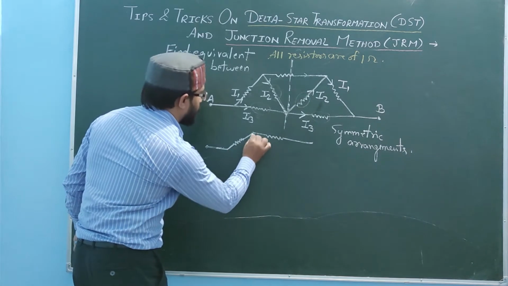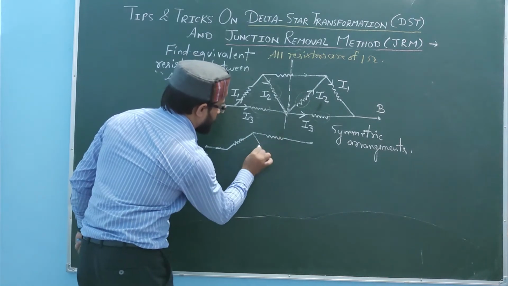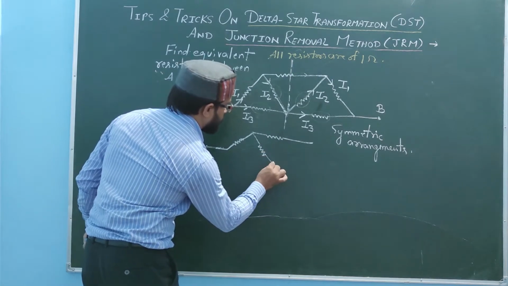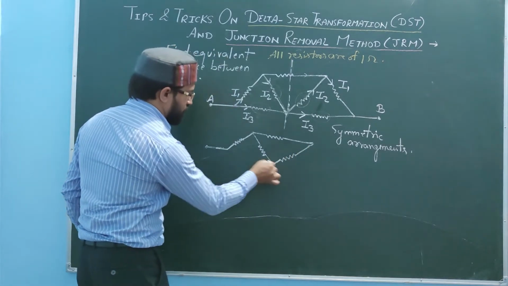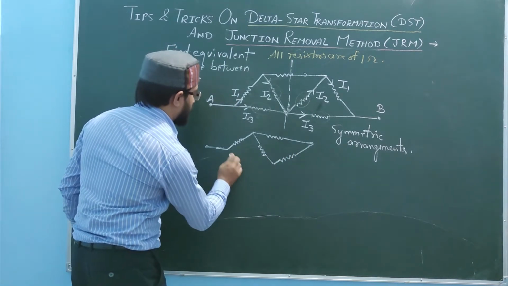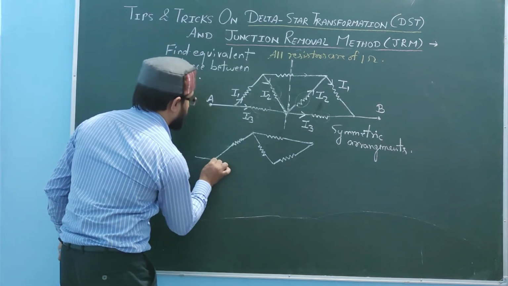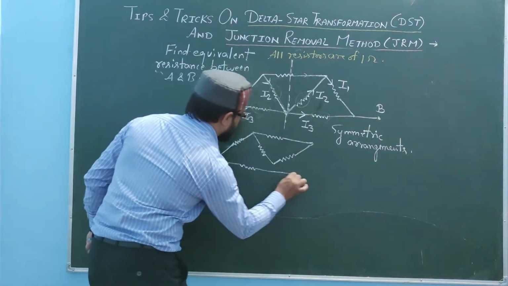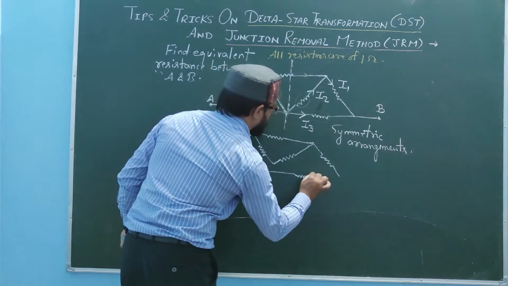So it would be like this. This is one resistor, and the sawtooth would be clearly visible. You can give a turn also. 1, 2 are like this, and this was like this.